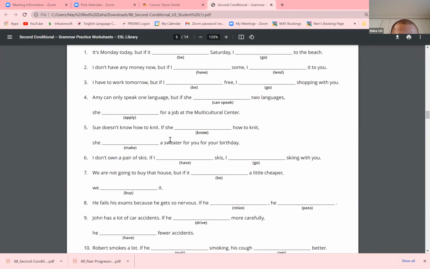Module 6 and 7. Second conditional, grammar, at the bottom. Okay, the Wednesday, is it? Today, no, not Wednesday. Yeah, but I said it's grammar. I didn't say it's Wednesday. I said it's grammar. Okay. What number? So if you listen to me, it would have been easier.